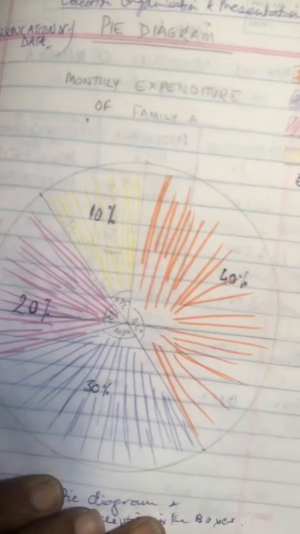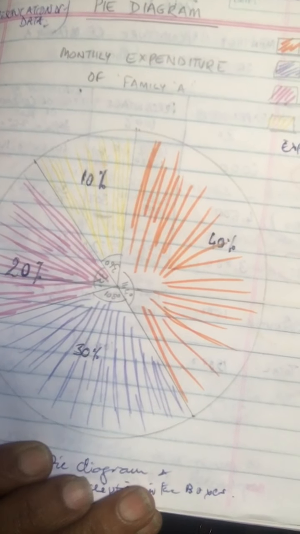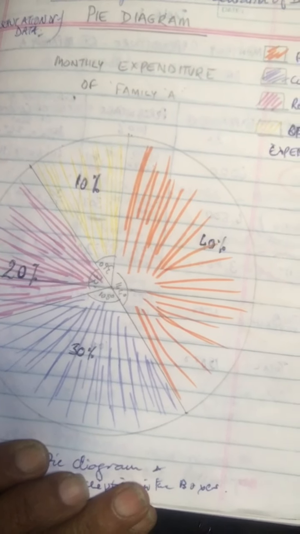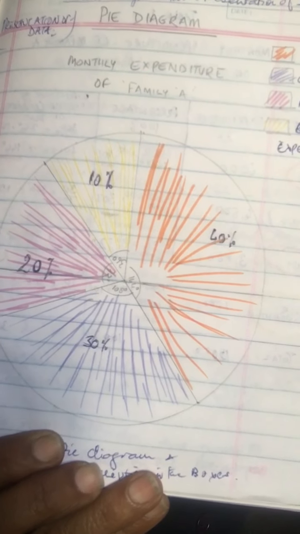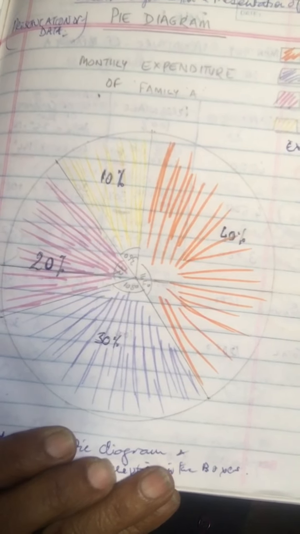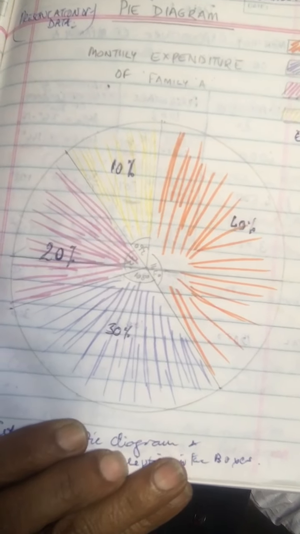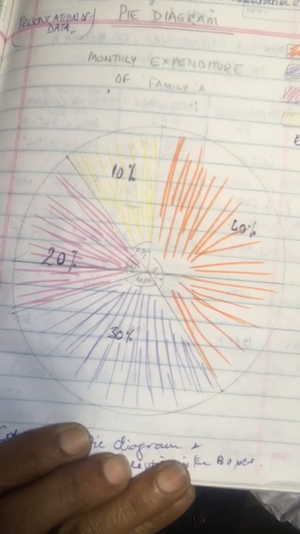Okay, and the angle at the center of the circle is 360 degrees, so the angle represents the total value of the variables, as we see, the total expenditure of a family. So here we have 4 components with this value, as we've seen, 40%, 30%, 20 and 10%.